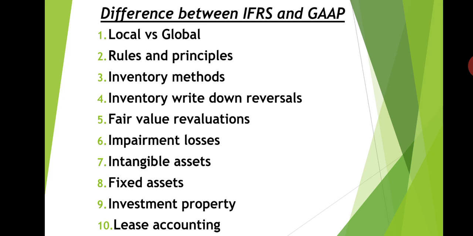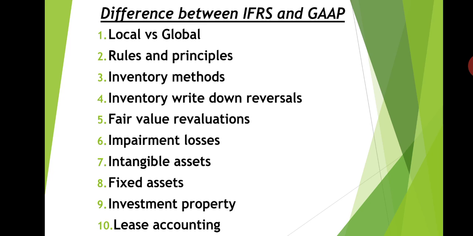Both GAAP as well as IFRS allow first in first out, but last in first out is only allowed in GAAP, which is not allowed in IFRS. Using the LIFO method may result in artificially low net income and may not reflect the actual flow of inventory items through a company.